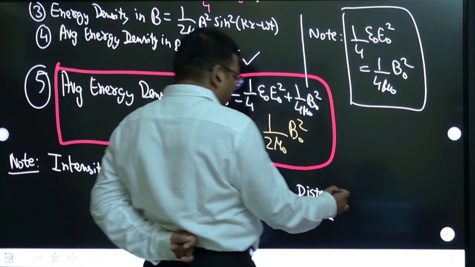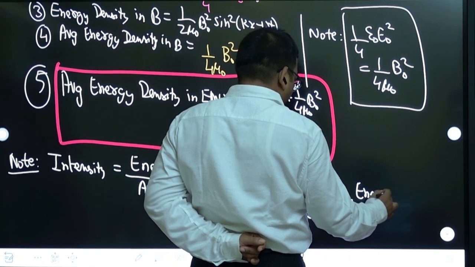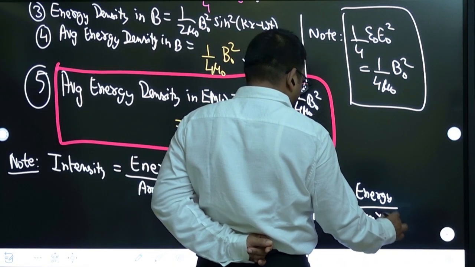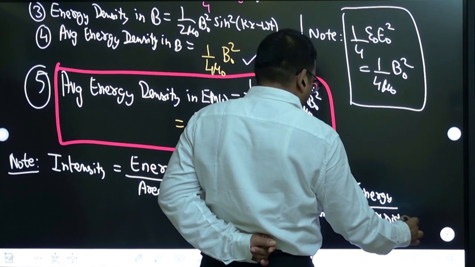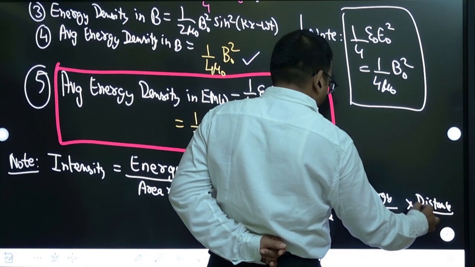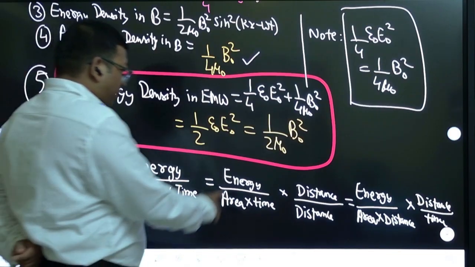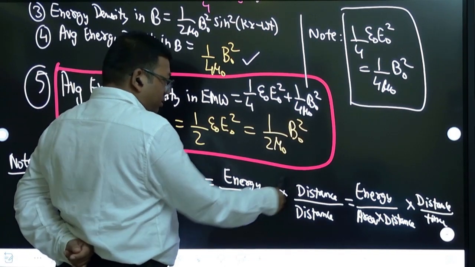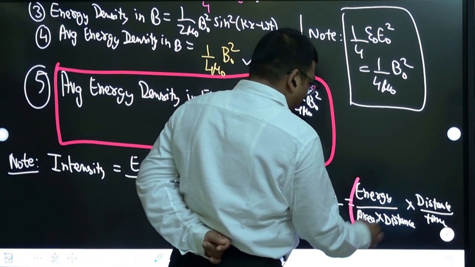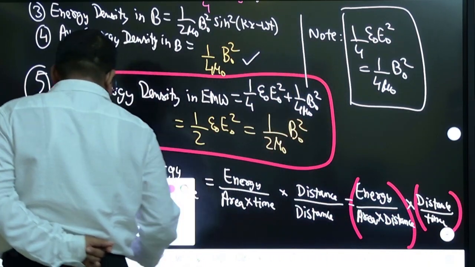Then I will rearrange this as energy by area into distance, and distance by time I will club this side. So energy, area, distance I club together, distance by time I club together. Note here that energy by area into distance is volume, that is what is energy density.